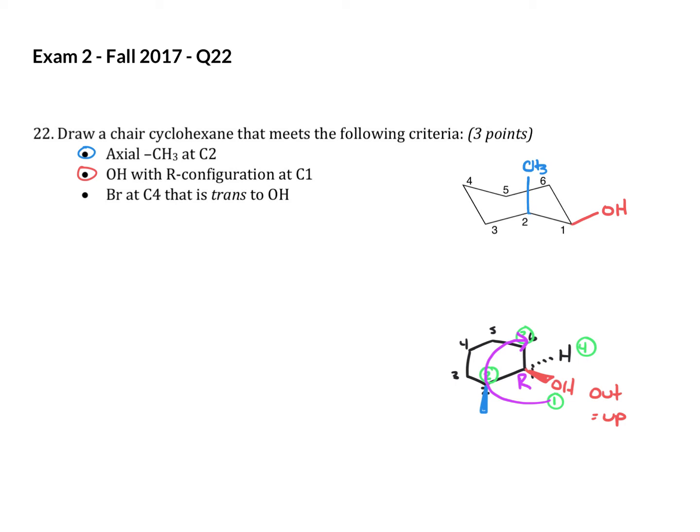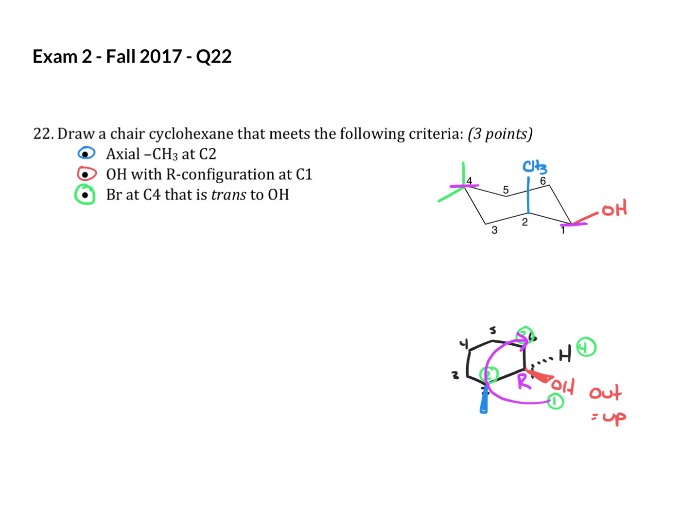Okay, the last thing I need is a Br at carbon 4 that is trans to the OH. So if we come over to carbon 4, we have an axial and an equatorial group. Now what you want to think about here is the carbon of the ring being a plane.